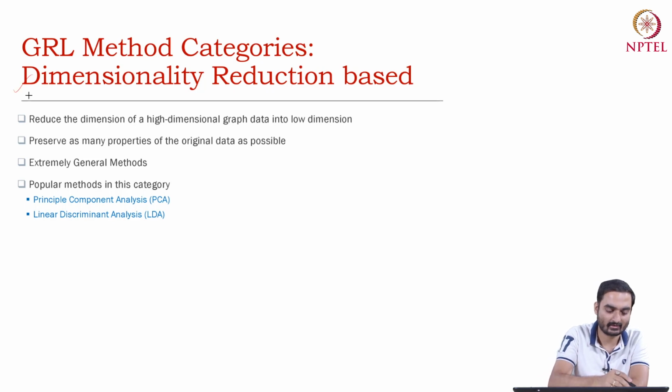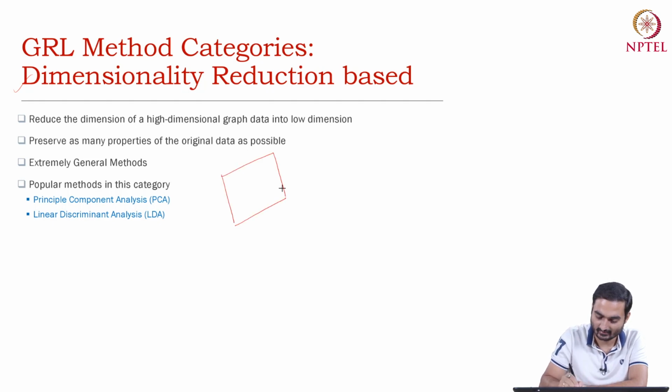So the first one is the normal dimensionality reduction technique, where we have this adjacency matrix. This is n cross n, and if, say, n is of size 1 million, then for every node you can think of a vector of size 1 million. So now this 1 million size vector is huge.